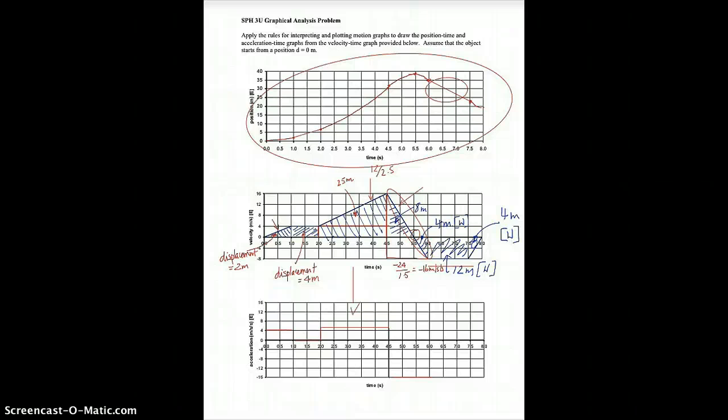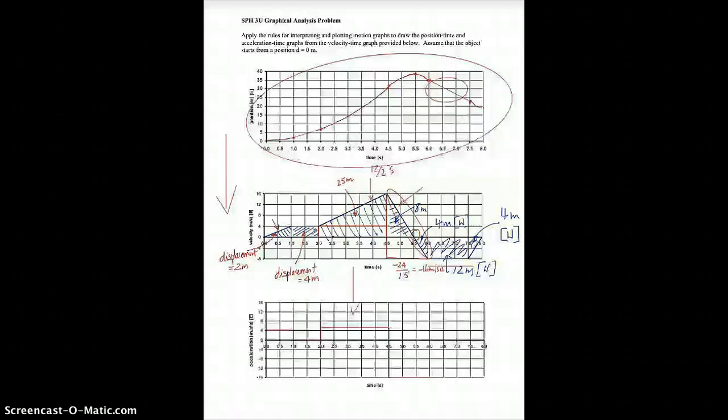If we want to go this way with our graphs, then what we would do is find the slope. So the slope of the graph will take us to the next graph down.